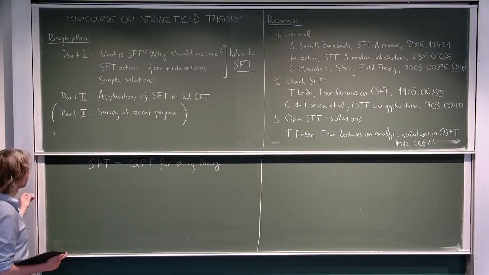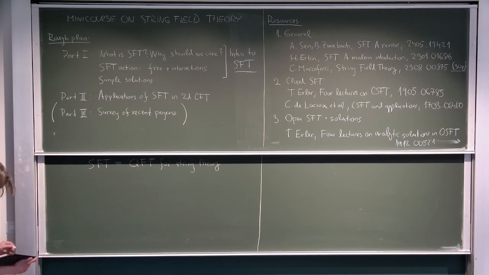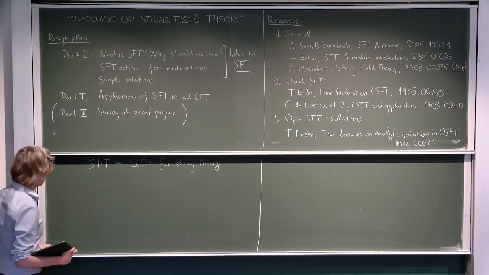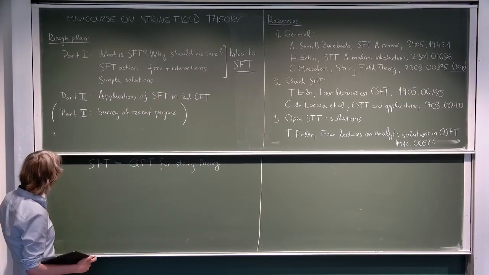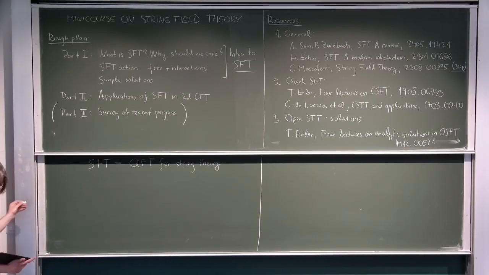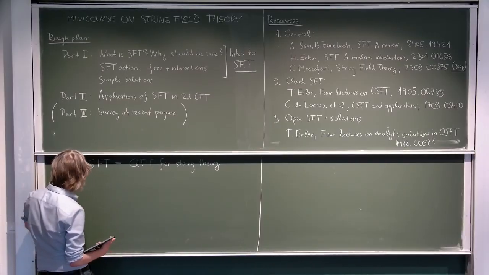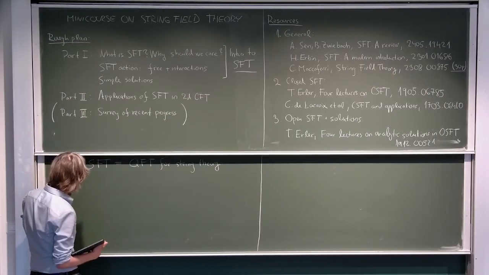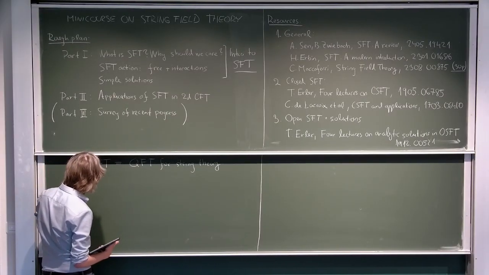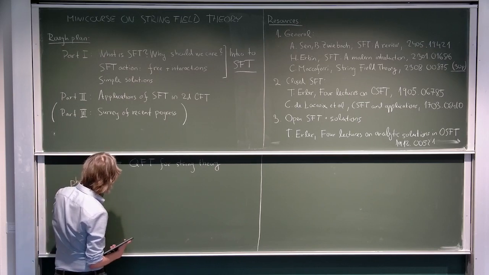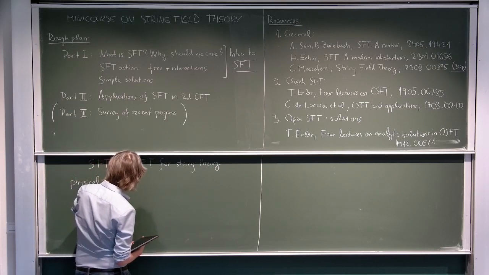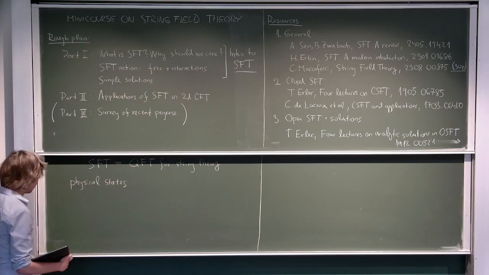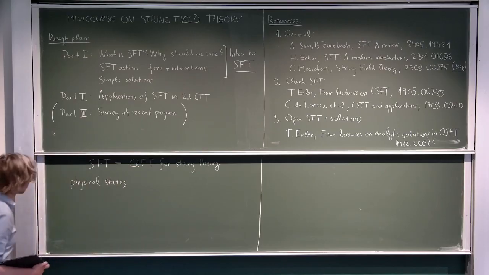The way which I will choose later in the course is the BRST quantization, where the end point of this procedure is a worldsheet conformal field theory, within which we can identify a particular class of states which we call physical states. Physical string states.